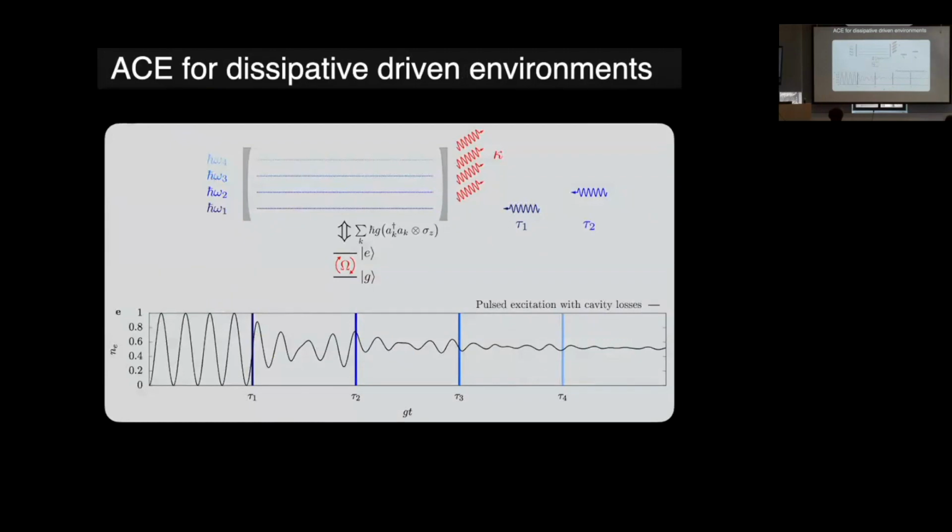Something else we can do, because I said all we need to be able to do is take our environmental degrees of freedom and write down a Liouvillian for them. So far, we were talking about the free evolution for the environment degrees of freedom, but actually, with the Liouvillian, we can introduce Lindblad processes onto the environment.